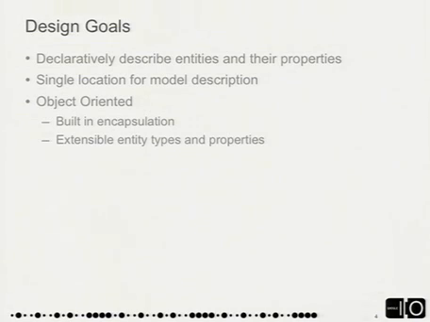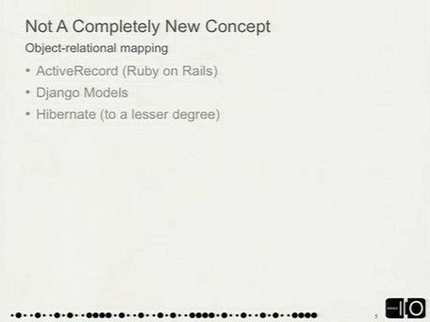All right? Now, what we've done is certainly not a completely new concept. There are a number of other object relational mapping tools out there. The most famous probably right now is ActiveRecord, which is the persistence model that Ruby on Rails uses. And Django, which is a Python-based Rails-alike tool, also has its own type of model system.